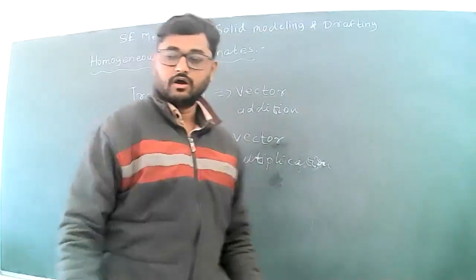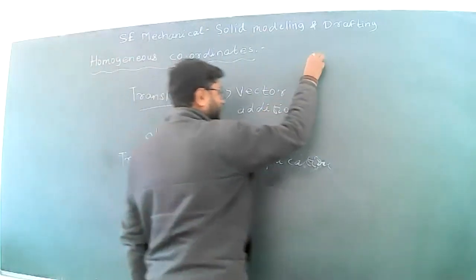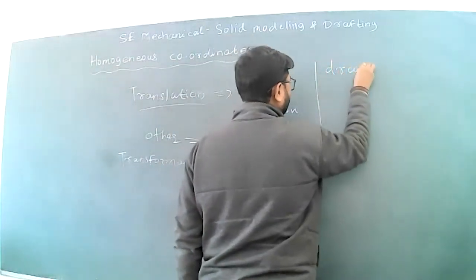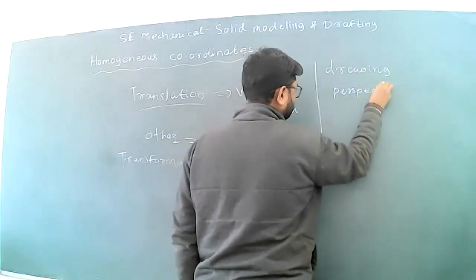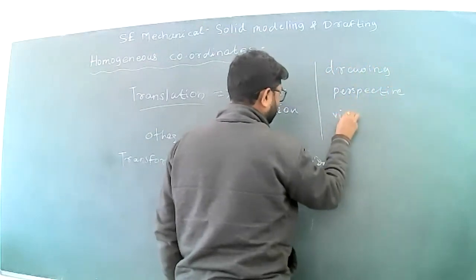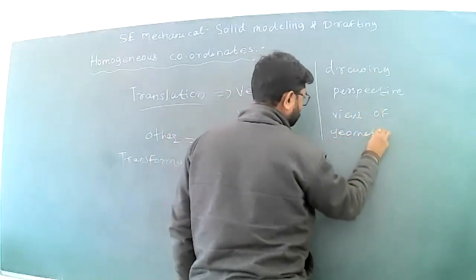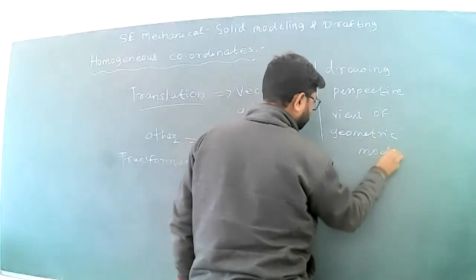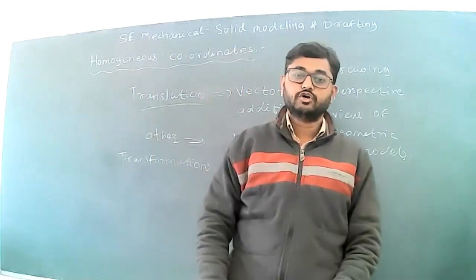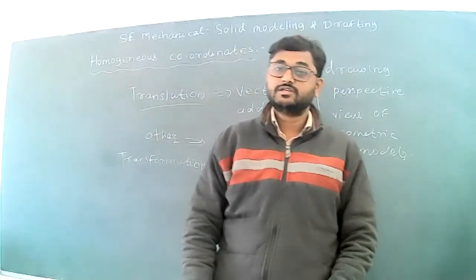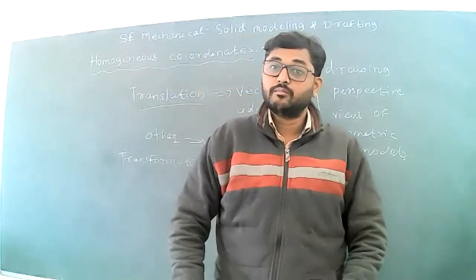So the use of the homogeneous coordinate system is drawing perspective views of geometric models.